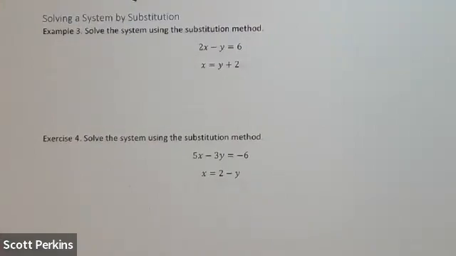Students every semester say, Perkster, when do I want to use the substitution method? Like how do I know which to use? And again, they both work all the time, but the substitution's a little more limited in when it works well.